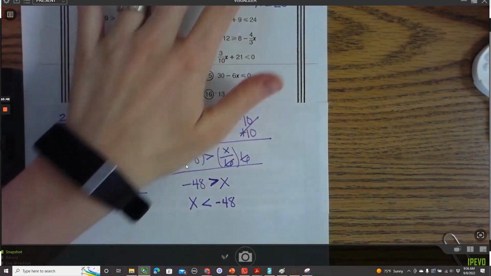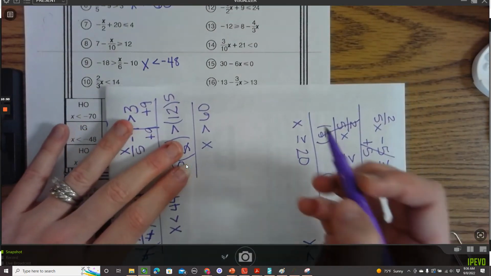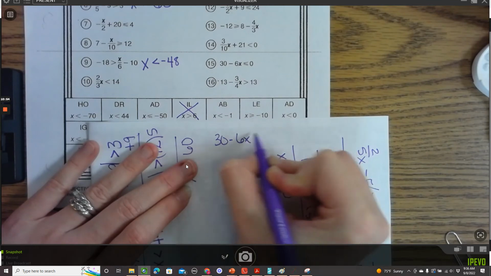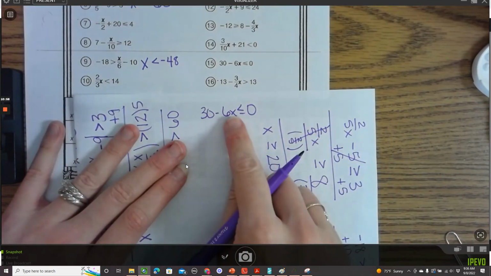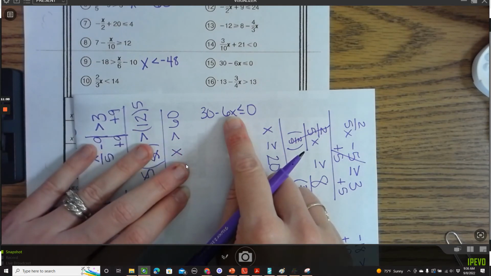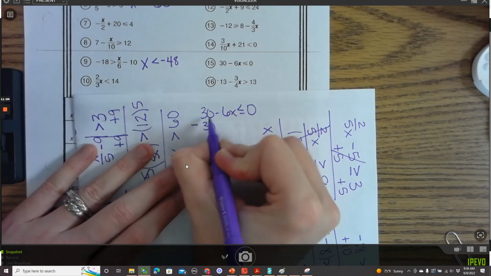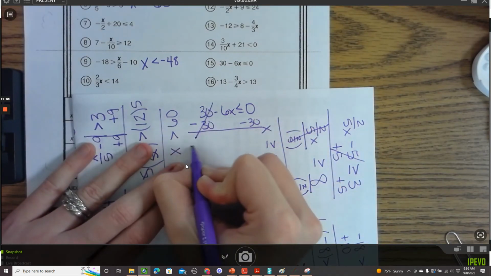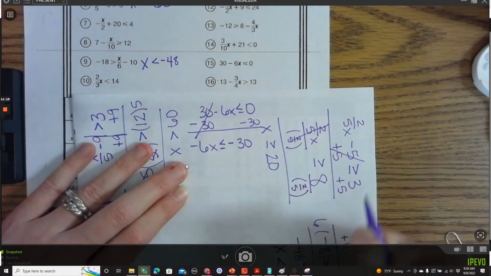15. Let's look. 15 will be the last one to do. All right. 30 minus 6x less than or equal to 0. All right. First step. Not add. Subtract. Because it's already positive. All right. So this cancels. 0 minus 30 is a negative 30.